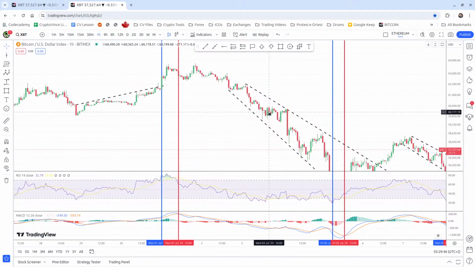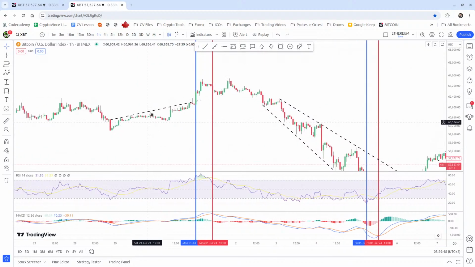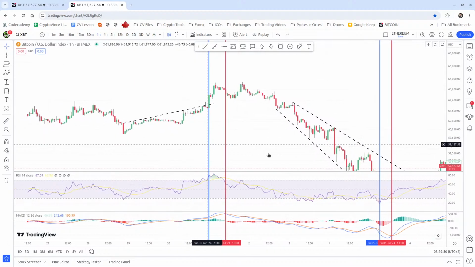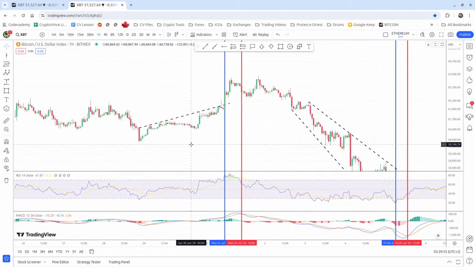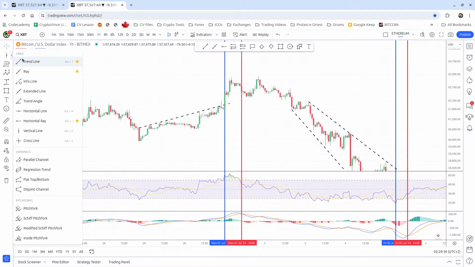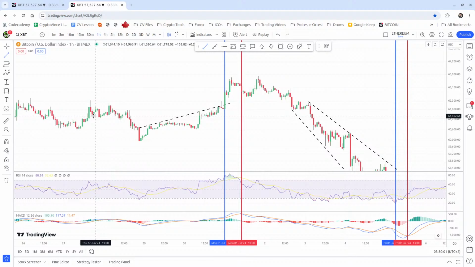Okay, let's check if there are any others. I'm looking at this over and over because I trace the diagonal trend lines, and I'm noticing this all the time. This is a small downtrend, no, maybe an accumulation.